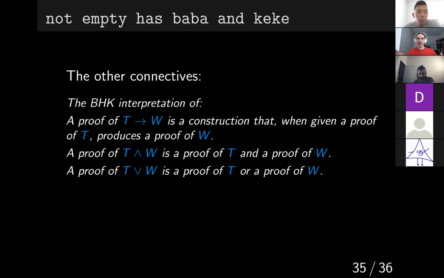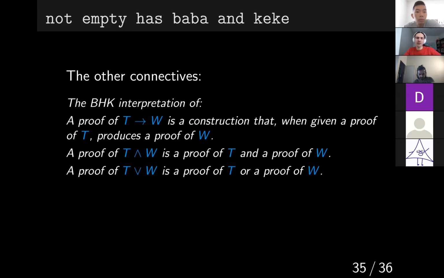So you can think of a proof of T and W as a box that has two mathematical objects in them. One is the proof of T, one is the proof of W. And then a proof of T or W, the way I said to my students, is that it's a box that has a slider to two different positions. If you slide it to one position, you can put in a proof of T. If you slide it to the other position, you can put in a proof of W.